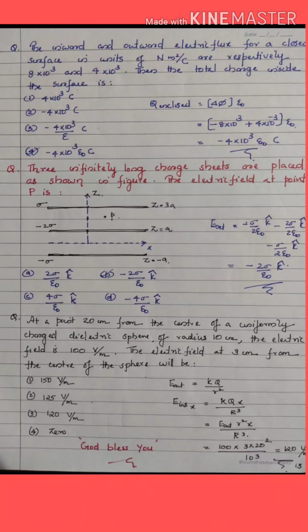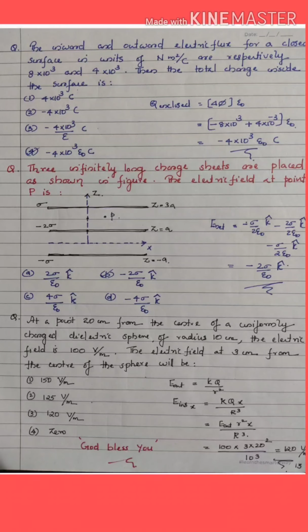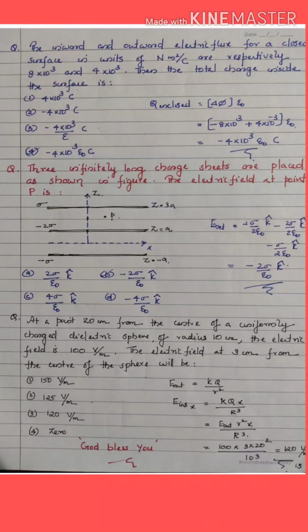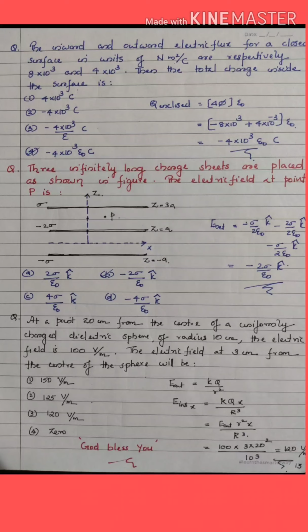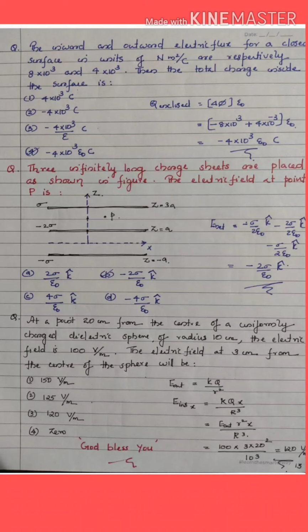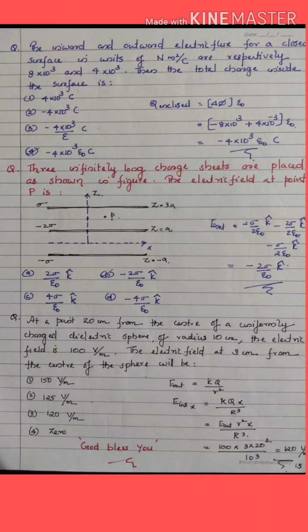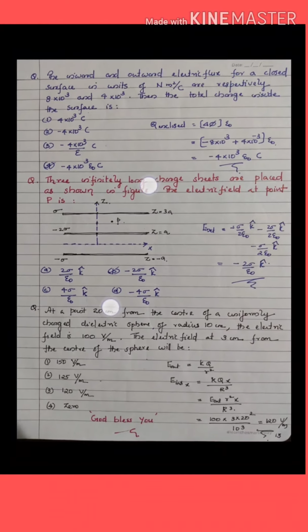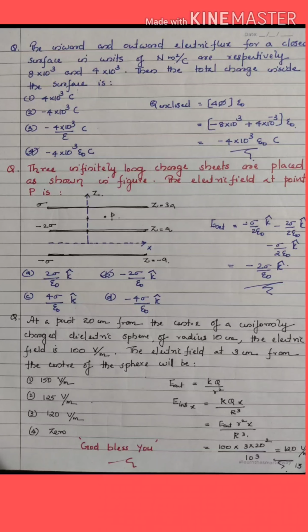At a separation 3A with a surface charge density sigma. We have to find the contribution here at the point P. So we have to place the test charge there. But this sheet will repel, but these two will attract. So the electric field at the point P has the same direction, that is always away from that, along the negative direction.